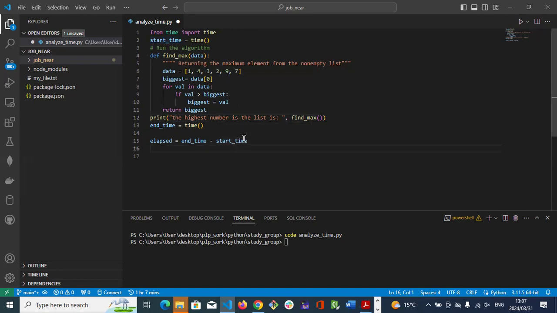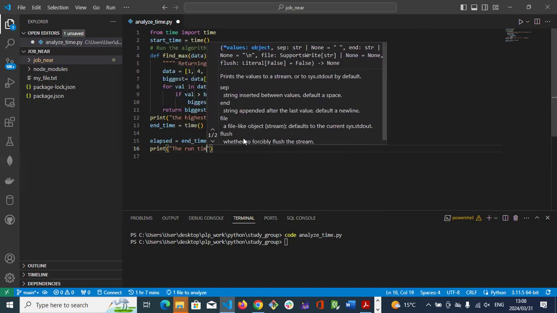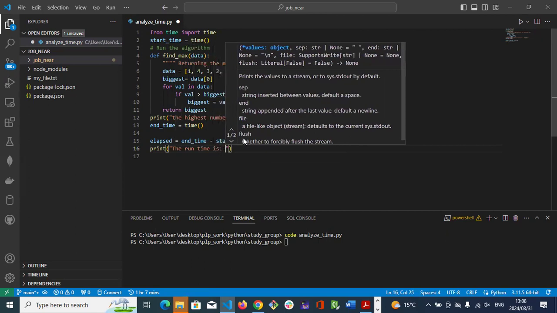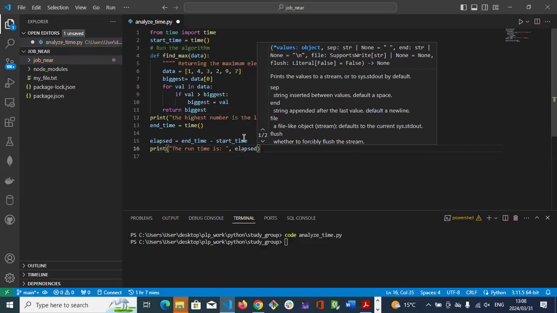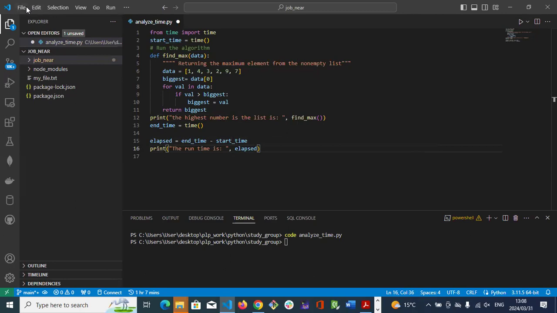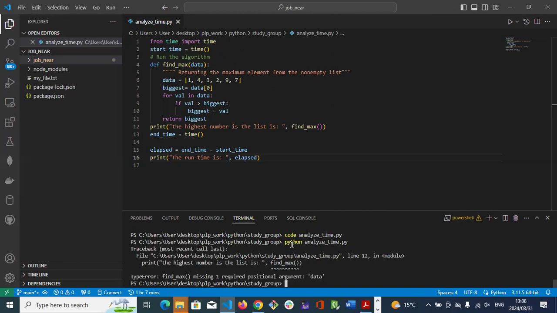We need to print the runtime of the run. Some errors.